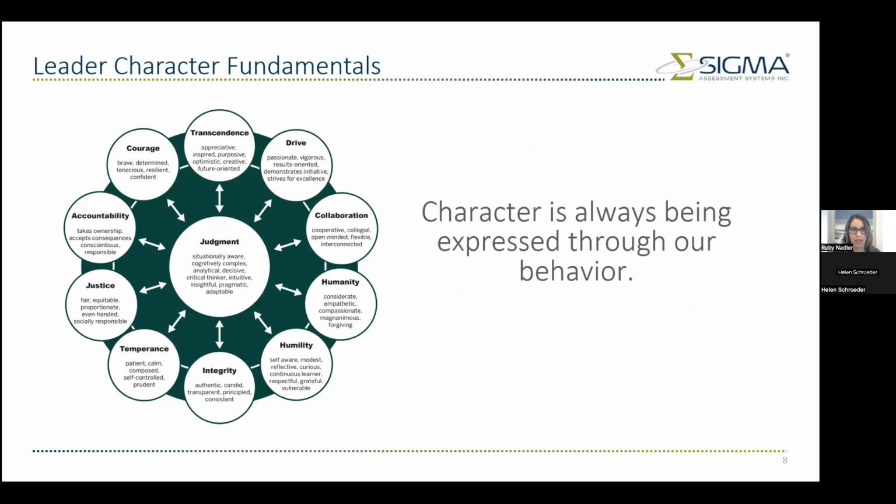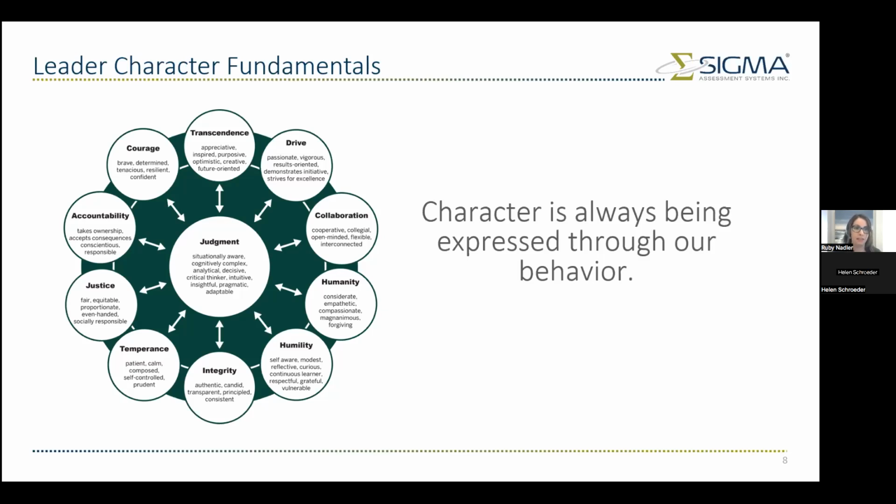So those elements that are below each of the dimensions, they may be hard for you to read right now, but they're worth looking at. And each one of them is meant to show a given behavior. So for someone who wants to show a lot of courage, you can look at those elements for ideas about, well, what does courage look like?